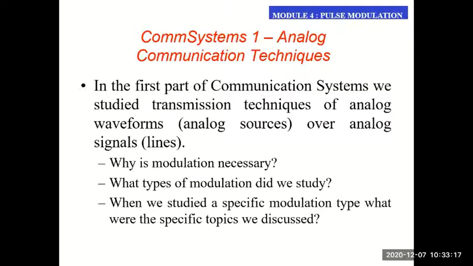And for each modulation type, we discussed the basic definition, equation in time domain, equation in frequency domain, waveforms in time and frequency domain, generation of that particular modulated signal, detection of that particular modulated signal, and also the effects of noise on that particular modulated signal. So all these things we spoke of for each of the modulation techniques, right?